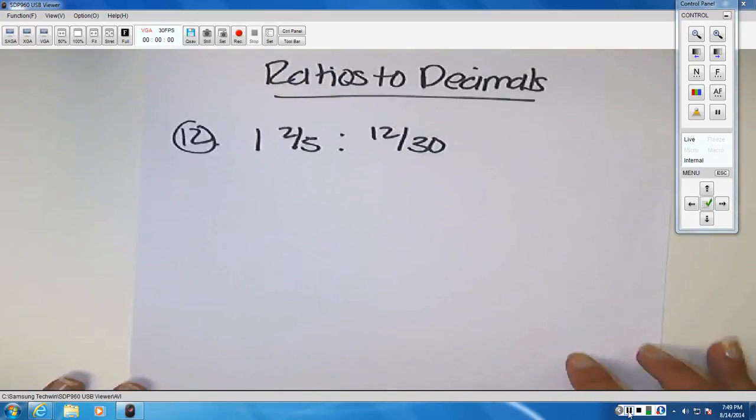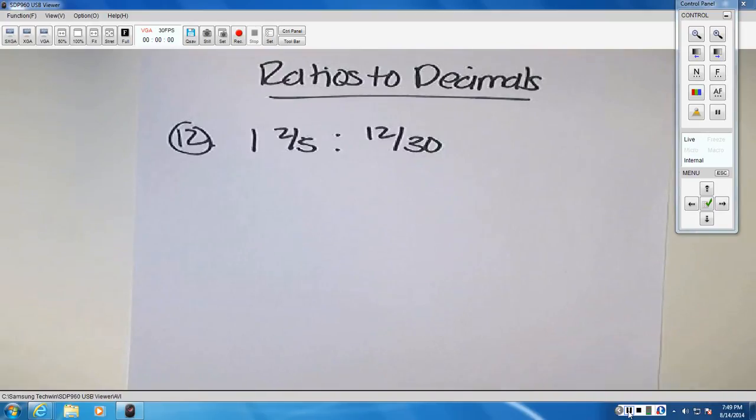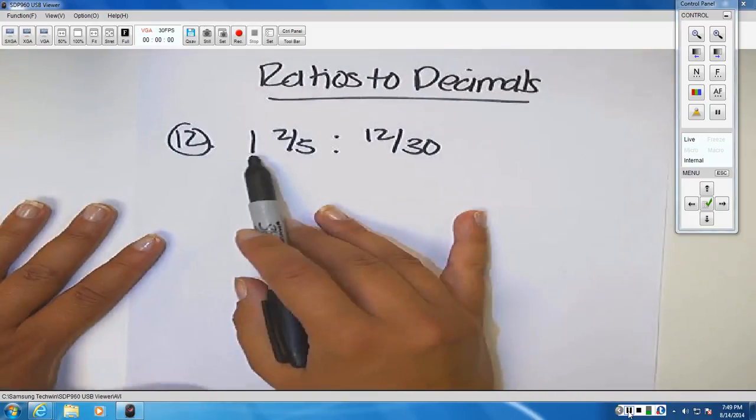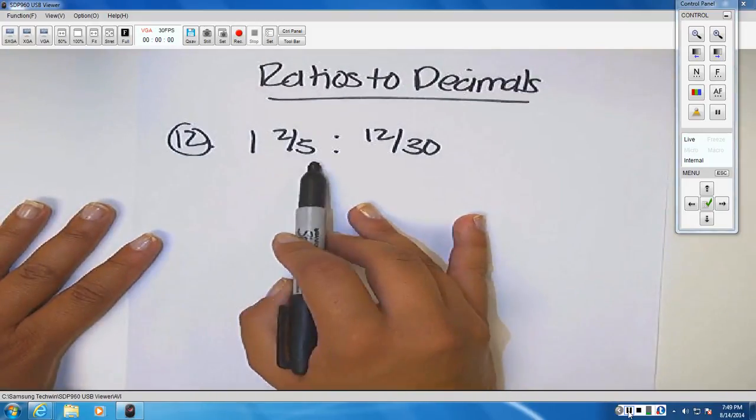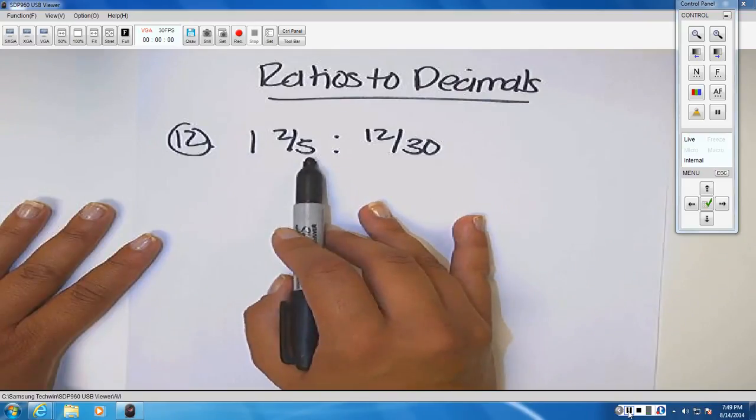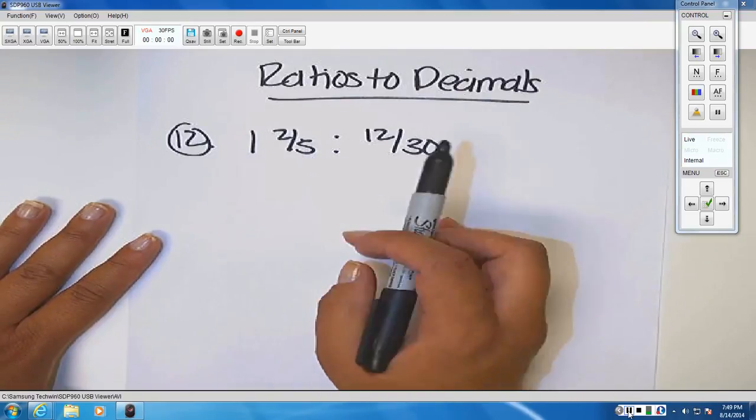Let's do number 12 simply because it has a mixed number that we're going to have to turn into an improper fraction. In order to do that, we take our whole number and multiply it by our denominator. 1 times 5 is 5. Add our numerator, 7.